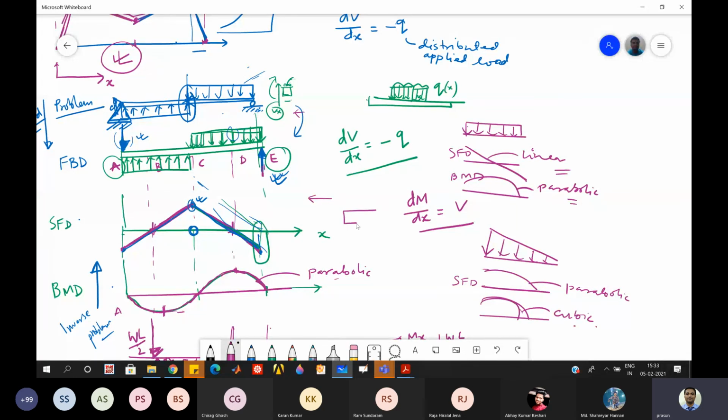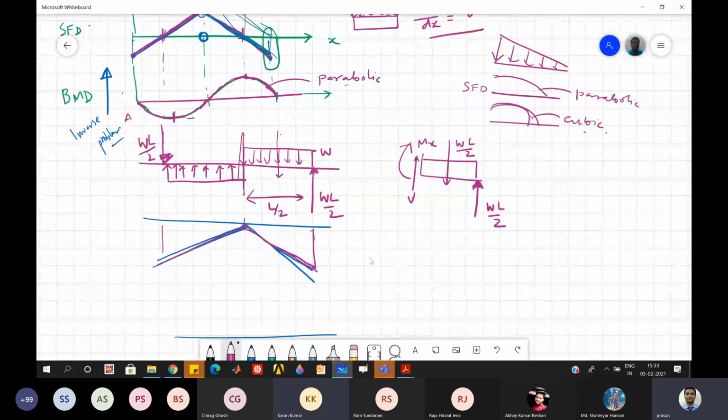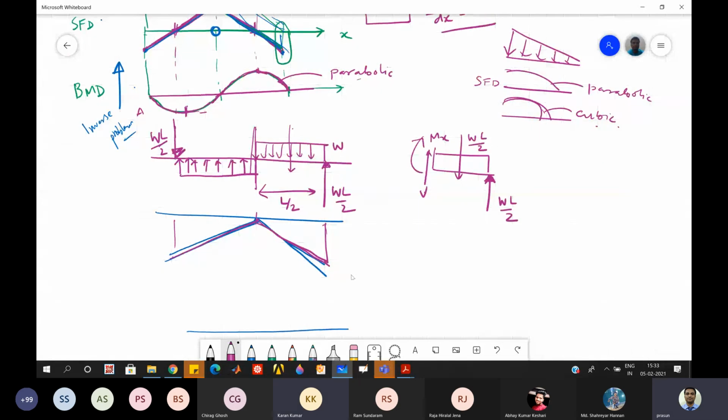So let me see what I'm speaking. Higher maybe or lower, I don't know. Let me see that. In my case, the moment is not balanced. Omega L by 4 should be the force at the end point. So this is not feasible.